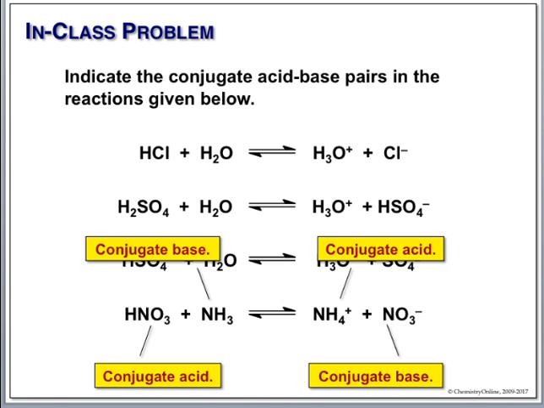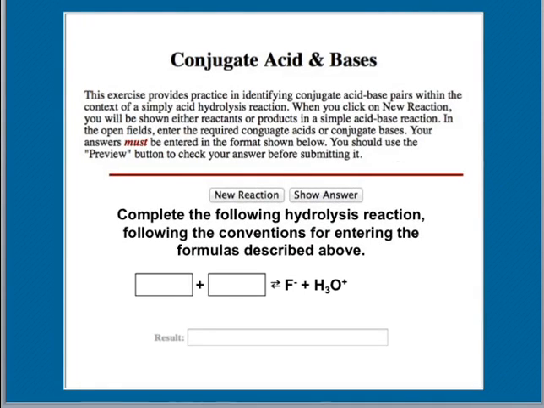Now, there's a tutorial that describes this. The tutorial basically deals with aqueous solutions, so just water. This is one of the tutorials that earns you 5 points, so let's pay attention. Conjugate acid-base pairs.